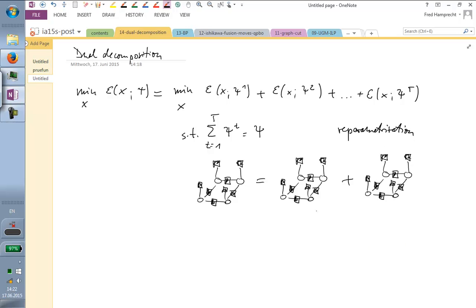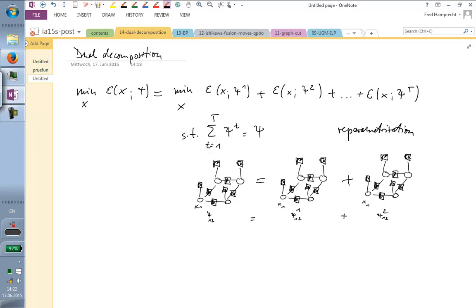Note that I use the same labeling everywhere. So this would be the label x1, and I would have the label x1 here and the label x1 there. But this would be here my potential psi1,2, the original one, and this would be psi1,2,1 and this would be psi1,2,2. Okay, and the requirement is that psi1,2 equals psi1,2,1 plus psi1,2,2.